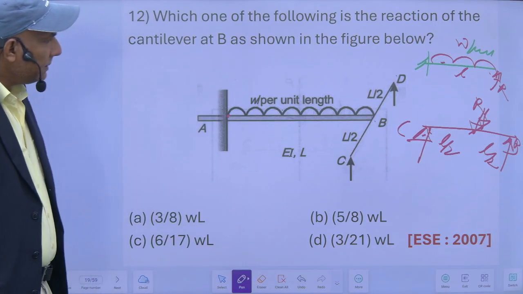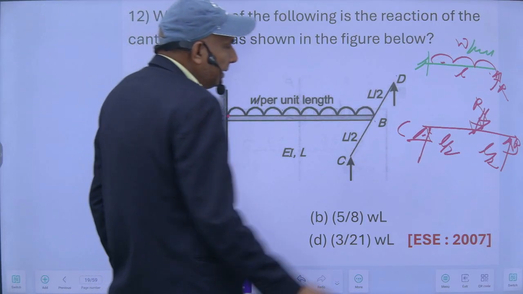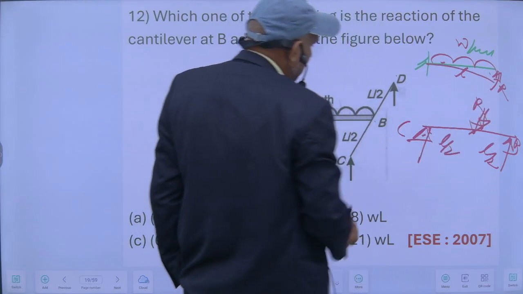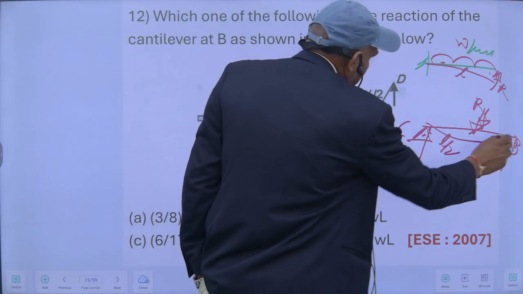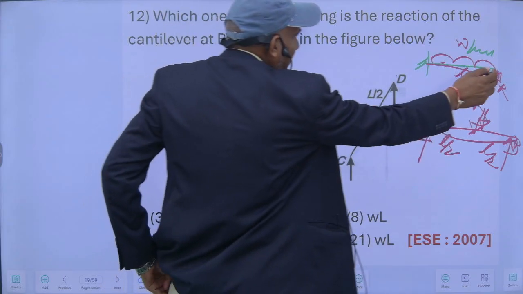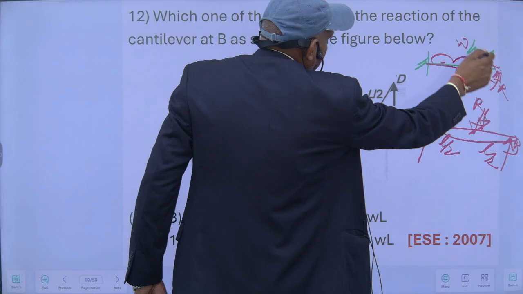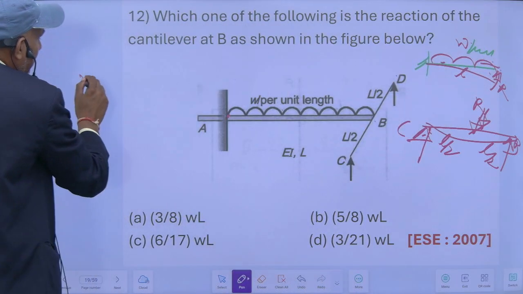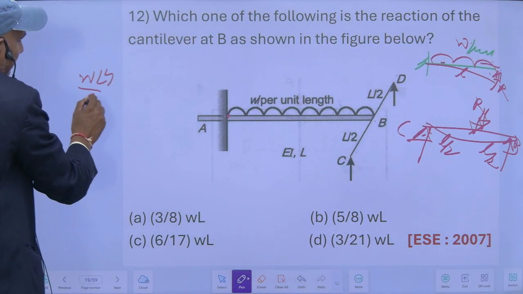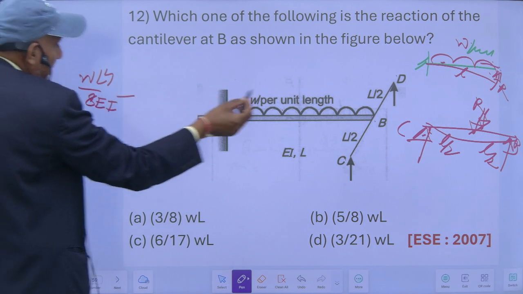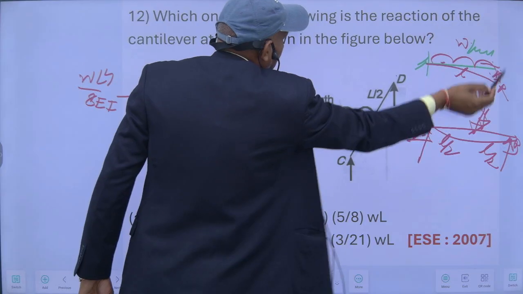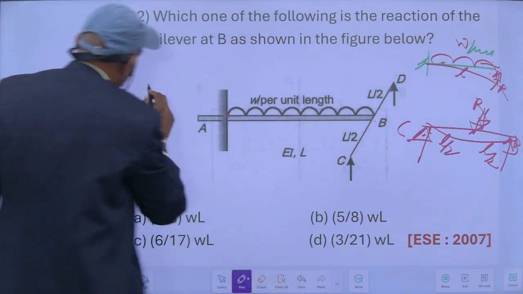So in this case, my net deflection will be equal to this deflection. This net deflection will be how much? This will be deflection because of this UDL. This is WL4 upon 8EI, minus due to prop, this will be upward. So it will be RL cube upon 3EI.